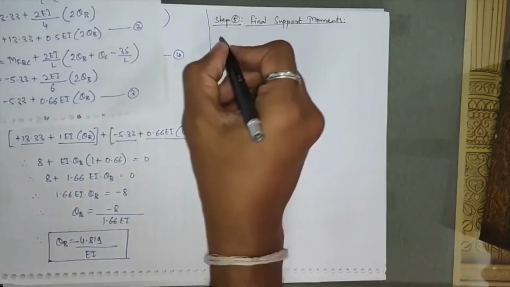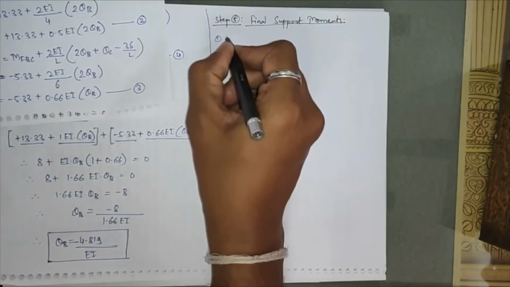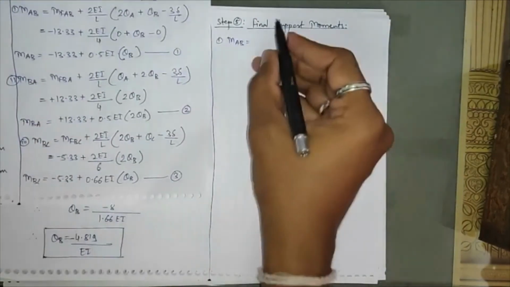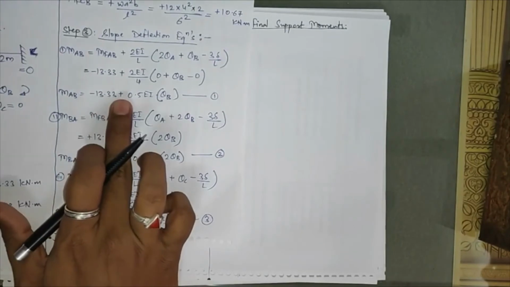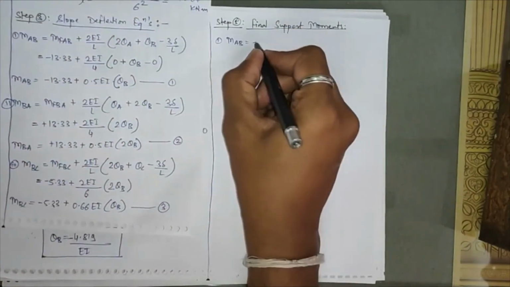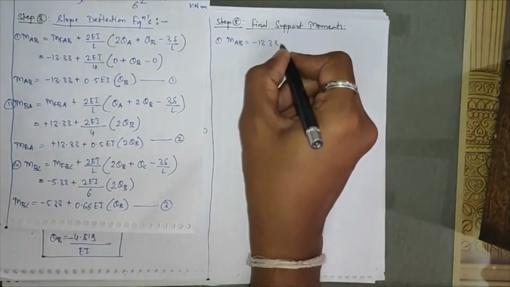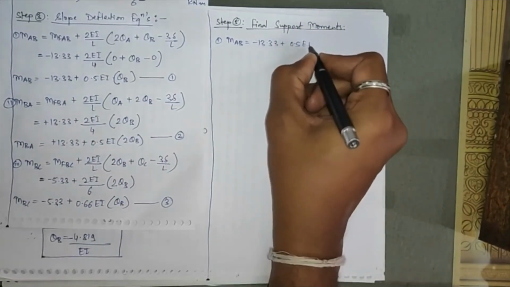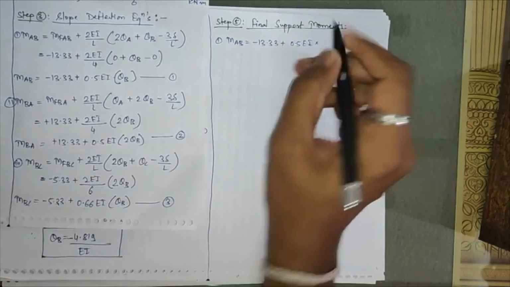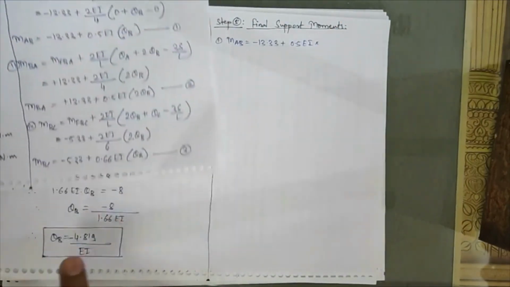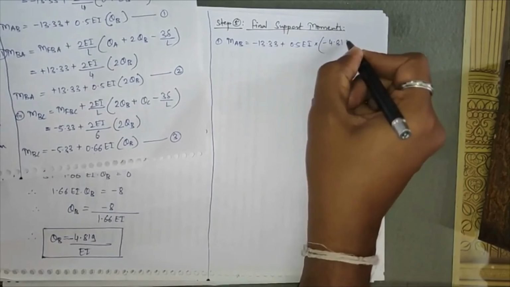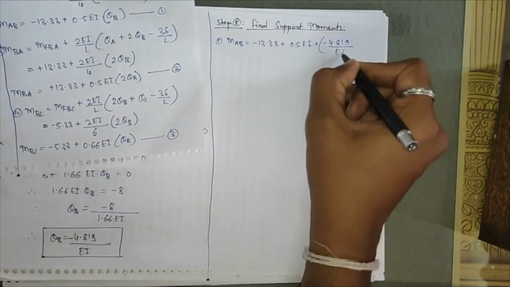So we'll see the first one, that is MAB. What is that equation? Minus 13.33 plus 0.5 EI into theta B, where you substitute theta B equal to minus 4.819 divided by EI.